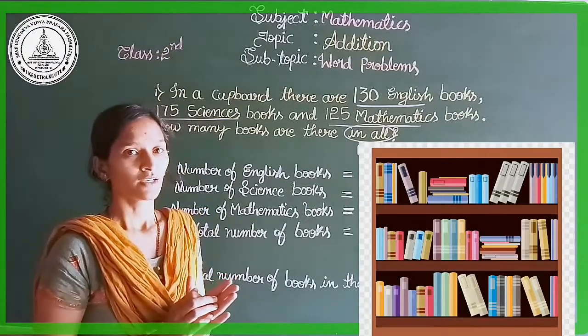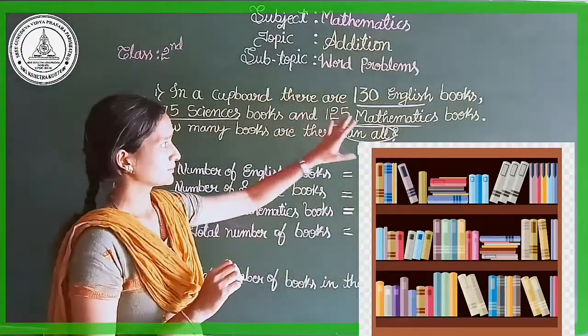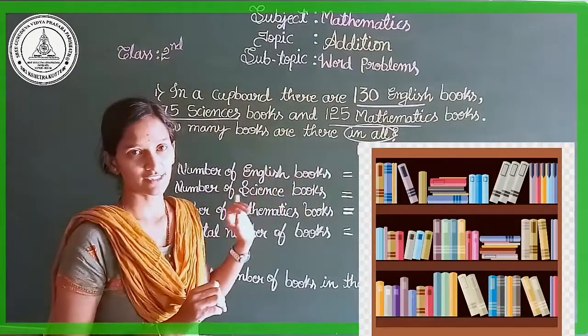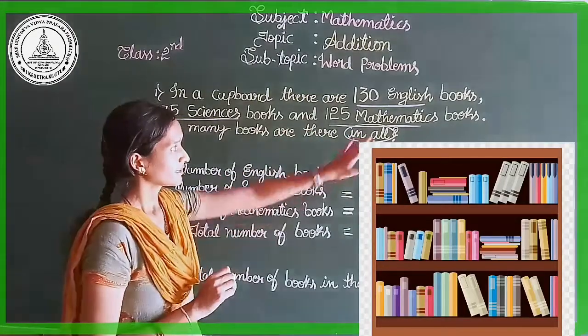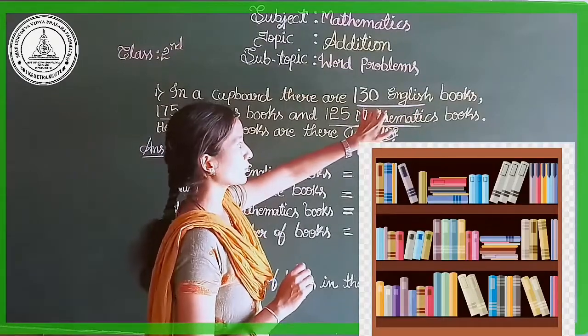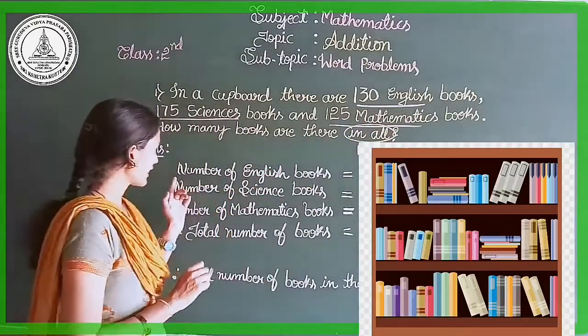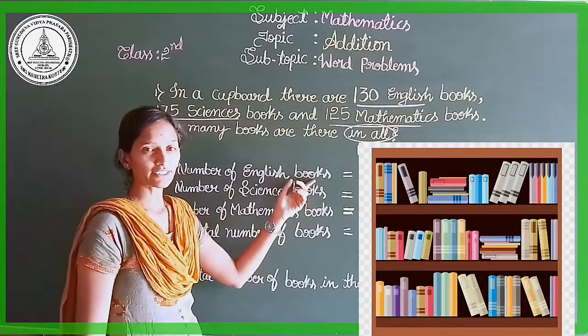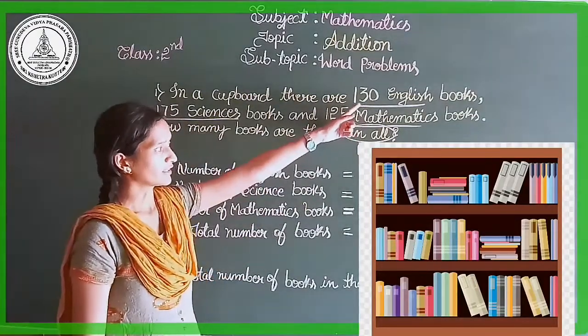So first I am writing this in a sentence like this. The total number of English books are 130. Number of English books, how many are there? 130.